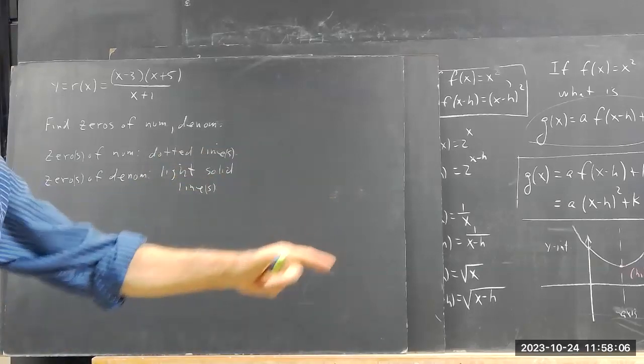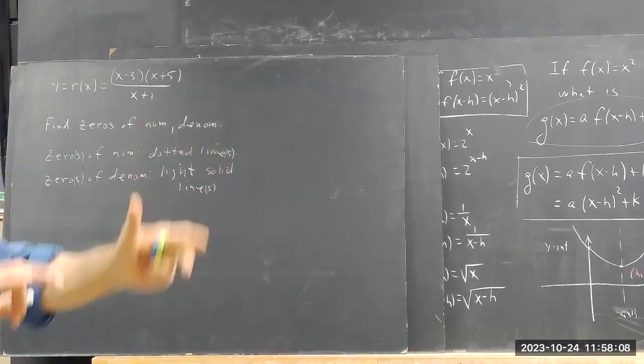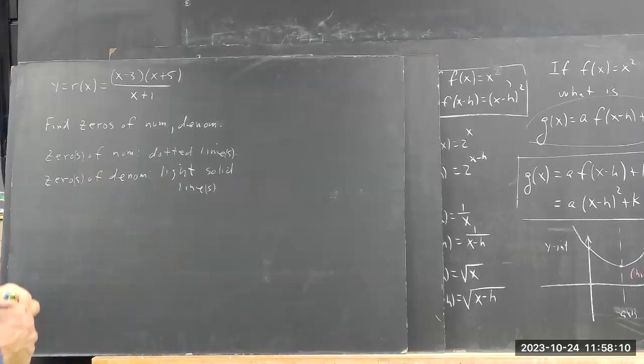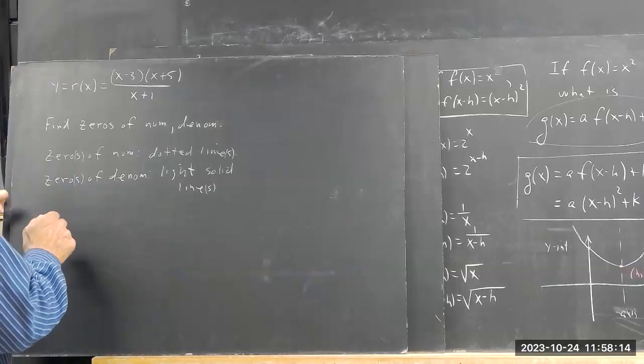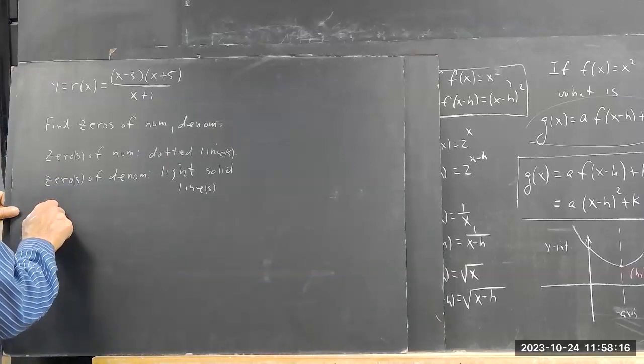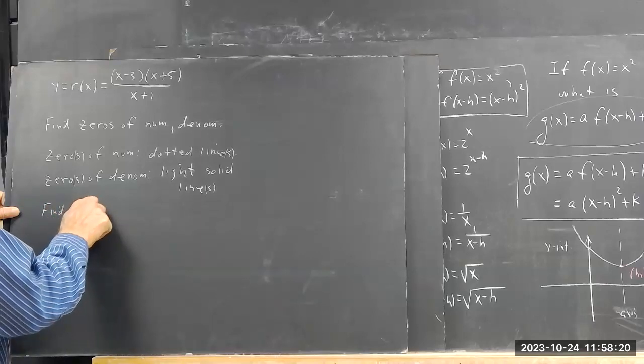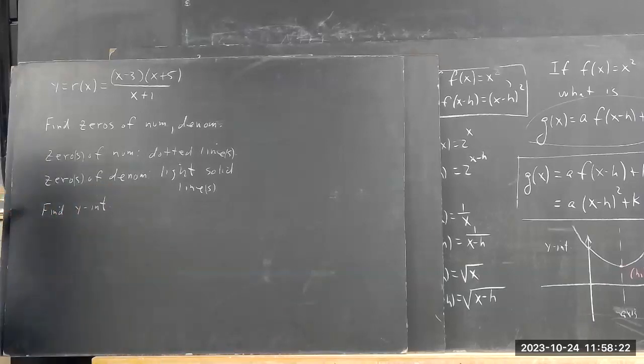And now we know what asymptotes look like, and we've got an idea how to use them in constructing a graph. Then find the y-intercept. And we're almost done.